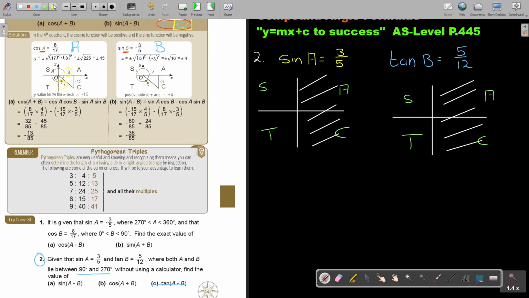Sin is negative here, but sin is positive here. Now, if I'm going to work out that angle, it's going to be opposite over hypotenuse, do you agree? Okay. I will now work out that one.